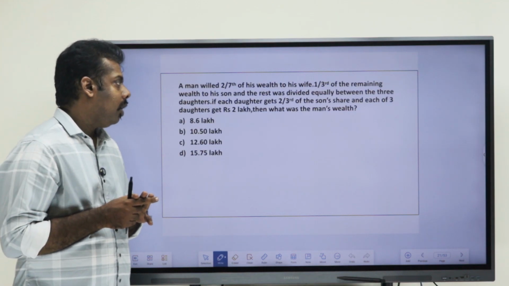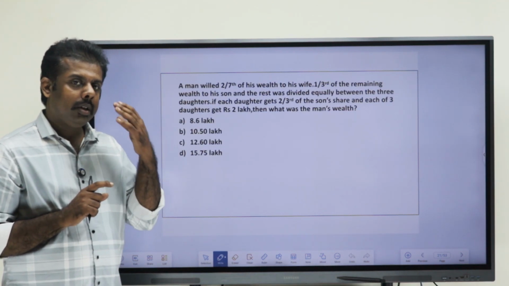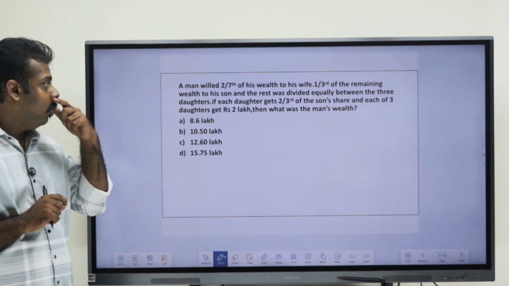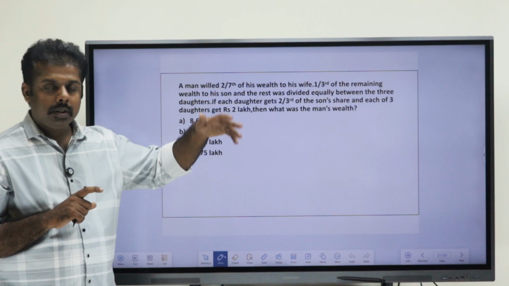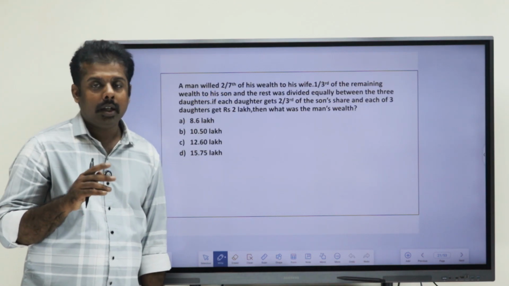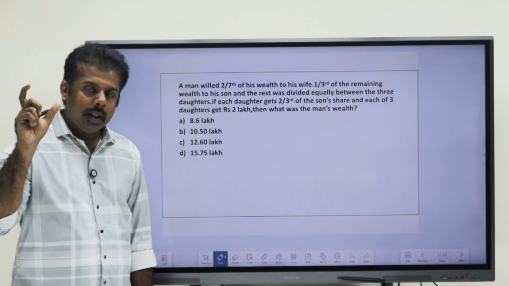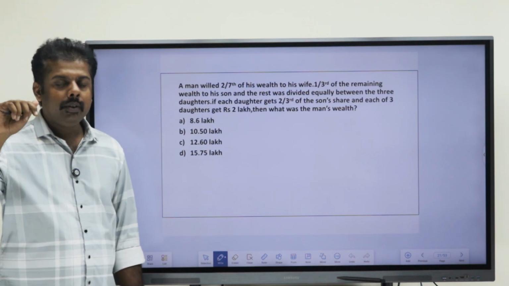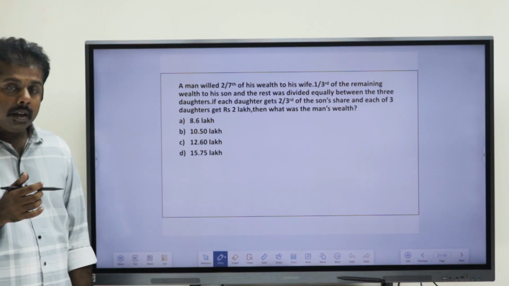Okay. Now we have two methods to do this. First will be the basic method, assuming his total wealth as x and trying to connect it based on that. So we are just going to do it using another concept. What is that concept? They have given the fractions here, they haven't given percentages.